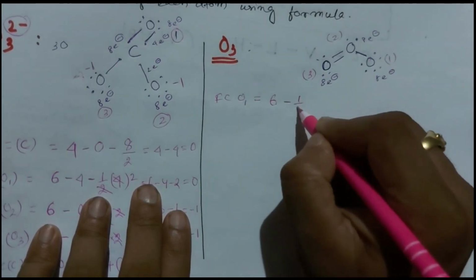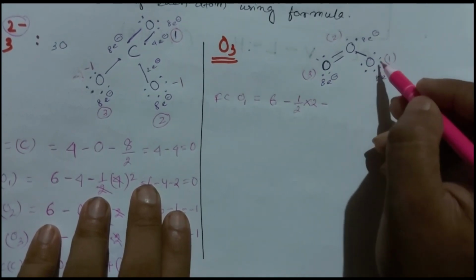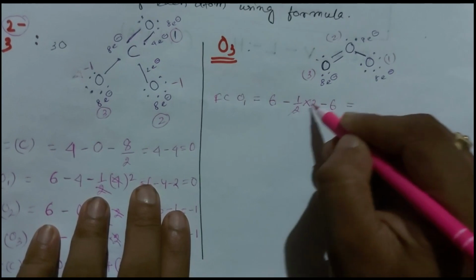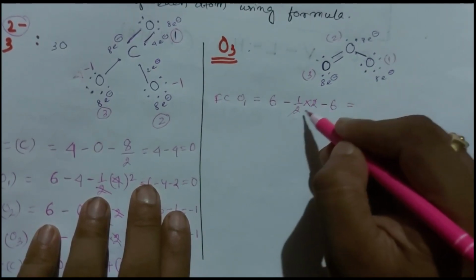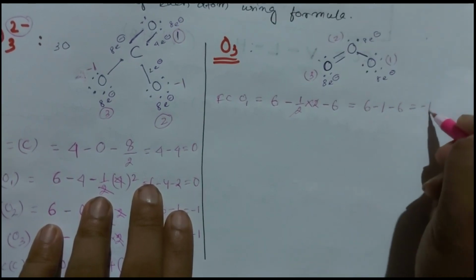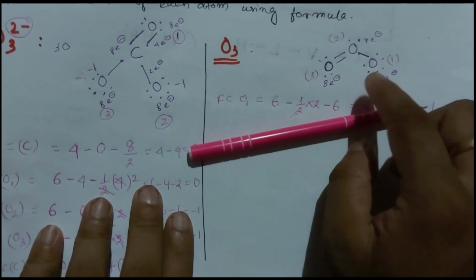So half into 2, minus lone pair electrons 2 plus 2 plus 2, that is 6. So 6 minus 1 minus 6, that is equal to minus 1. So this oxygen contains a charge of minus 1.